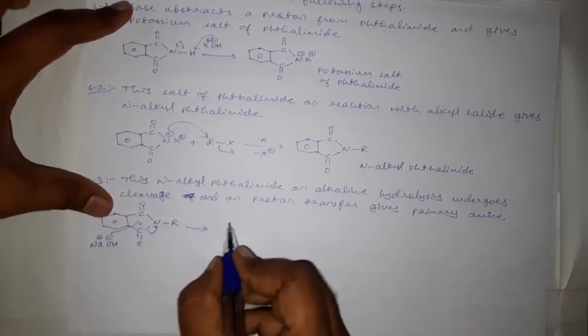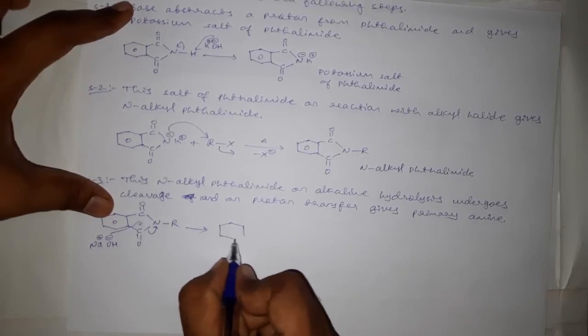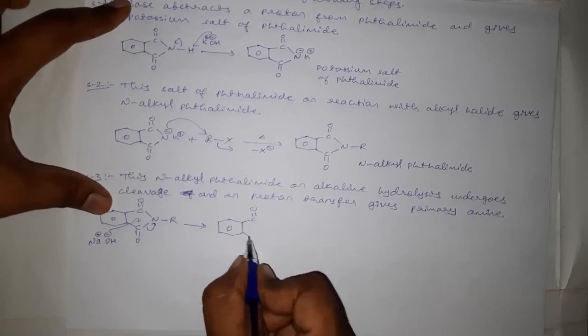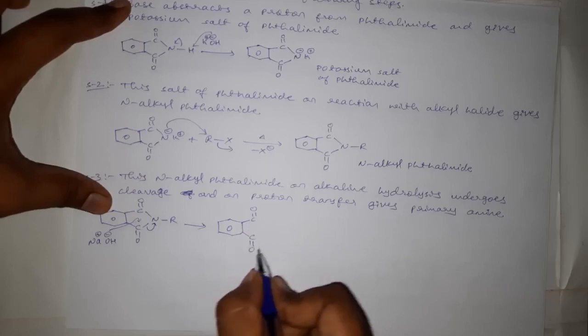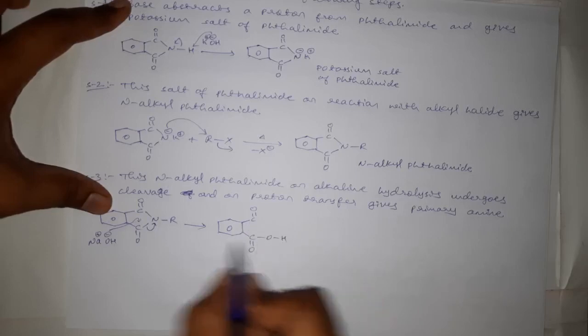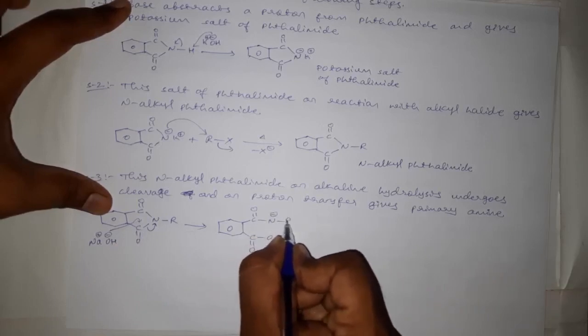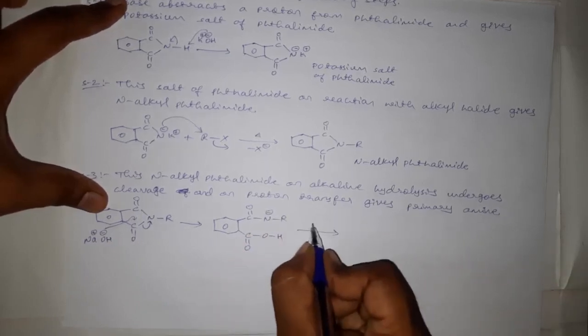Okay, and here we can write C double bond O, OH. OH will add here, and here we are getting N minus R. Okay, and the next step is what?